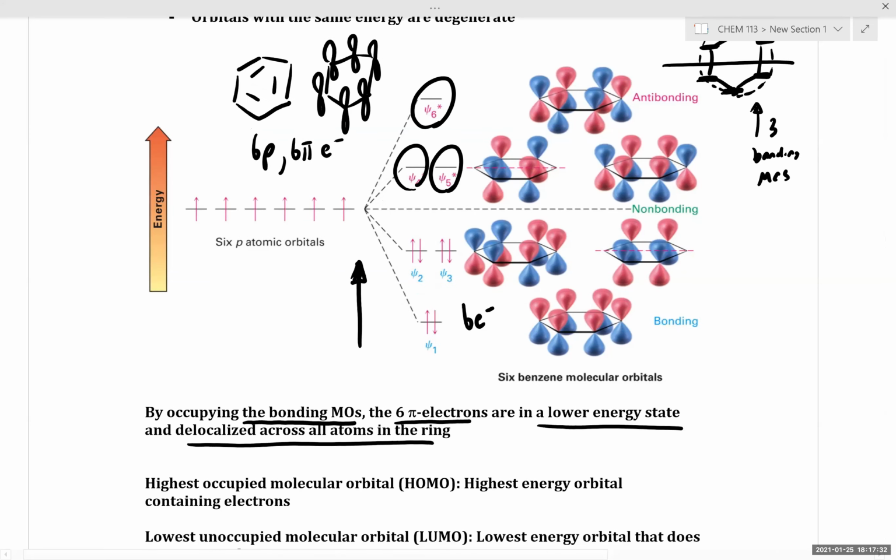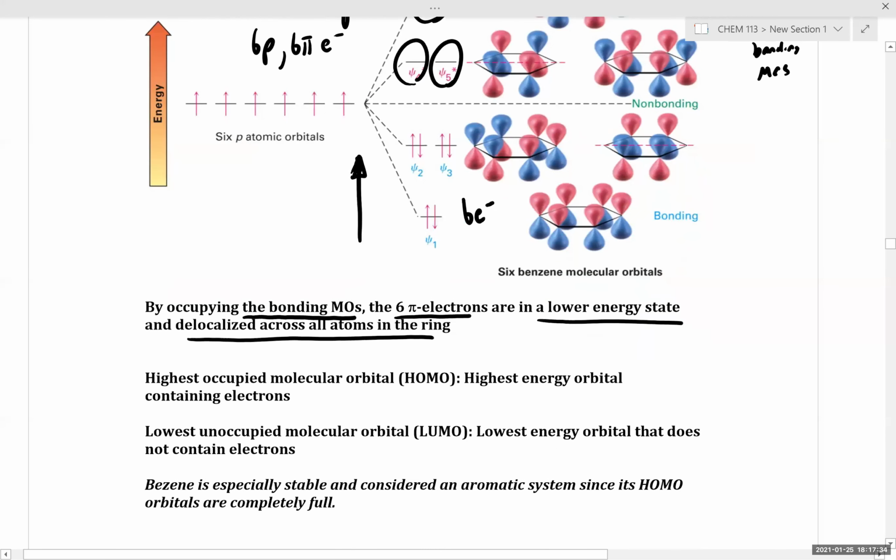Now, there are a few terms that we need to know when we start to discuss these molecular orbital diagrams. The highest occupied molecular orbital, known as the HOMO orbital, is the highest energy orbital containing electrons. So as we notice in this case, the HOMO orbitals are bonding molecular orbitals.